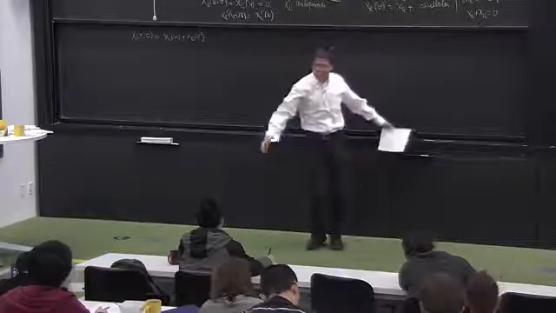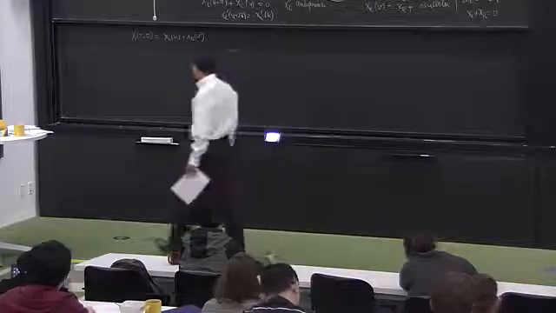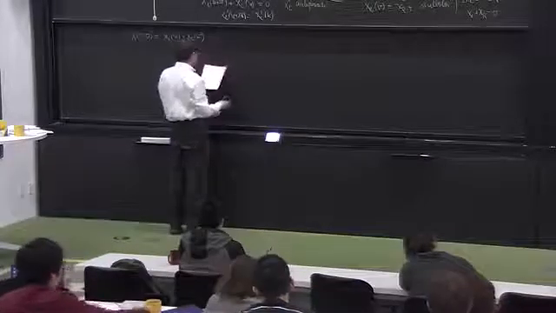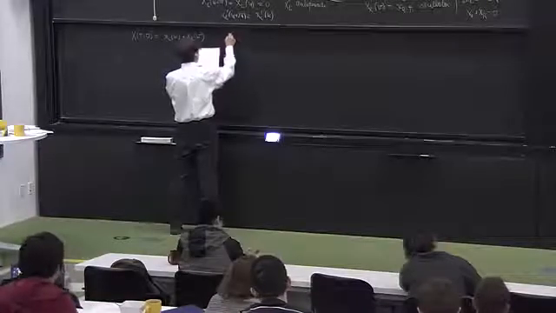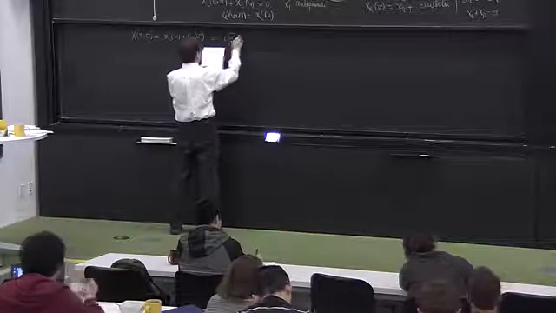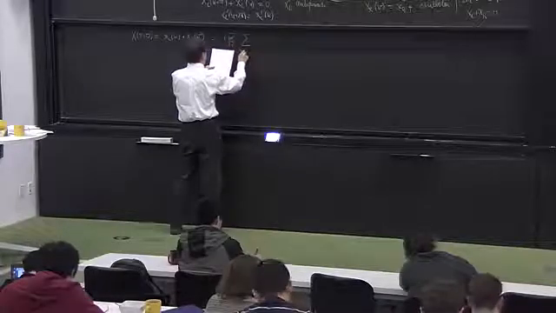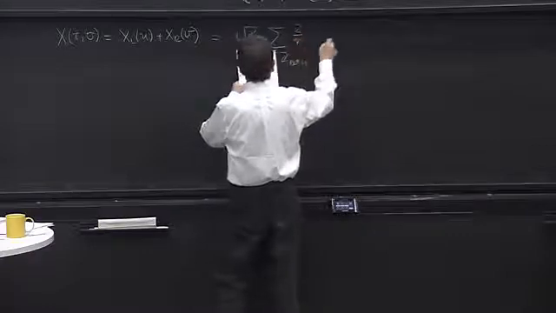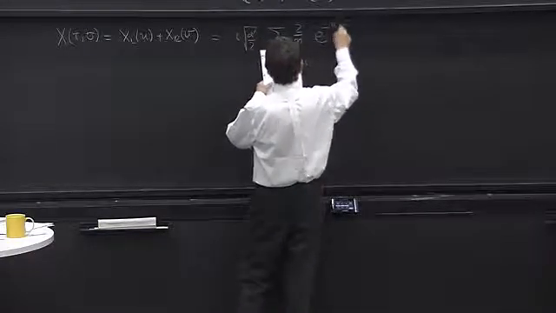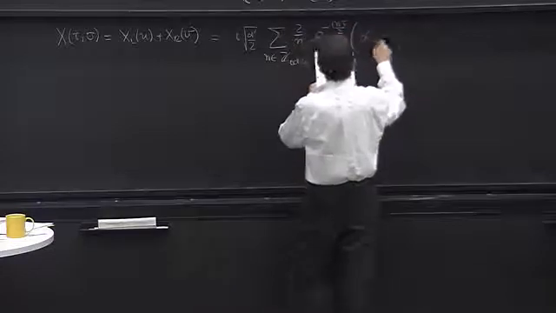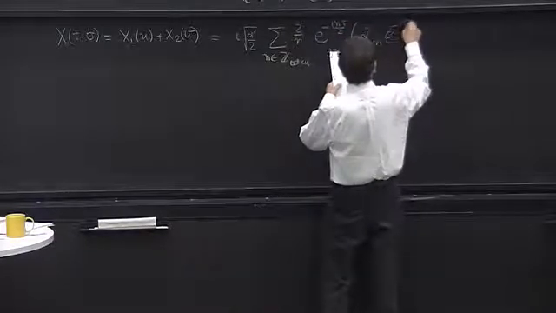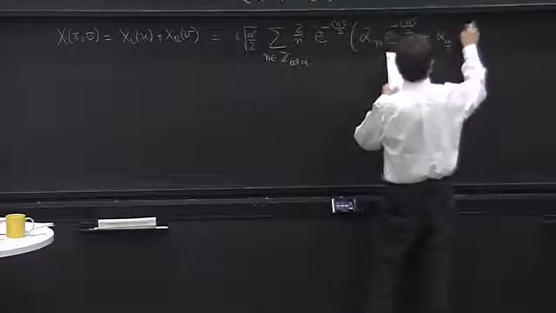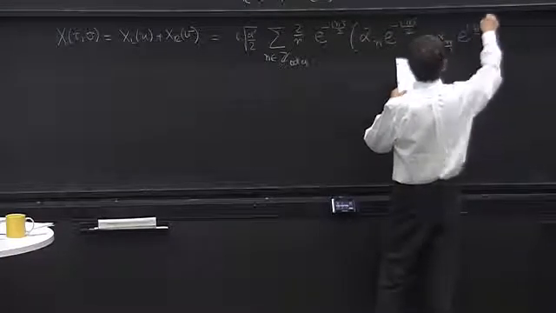So you don't get a 0 mode. And that's perfect. You get just the result of those integrals that we didn't do, but take one line to do: sum over n belonging to Z odd, 2 over n, e to the minus i n tau over 2, alpha n bar e to the minus i n sigma over 2 plus alpha n over 2 e to the i n sigma over 2.